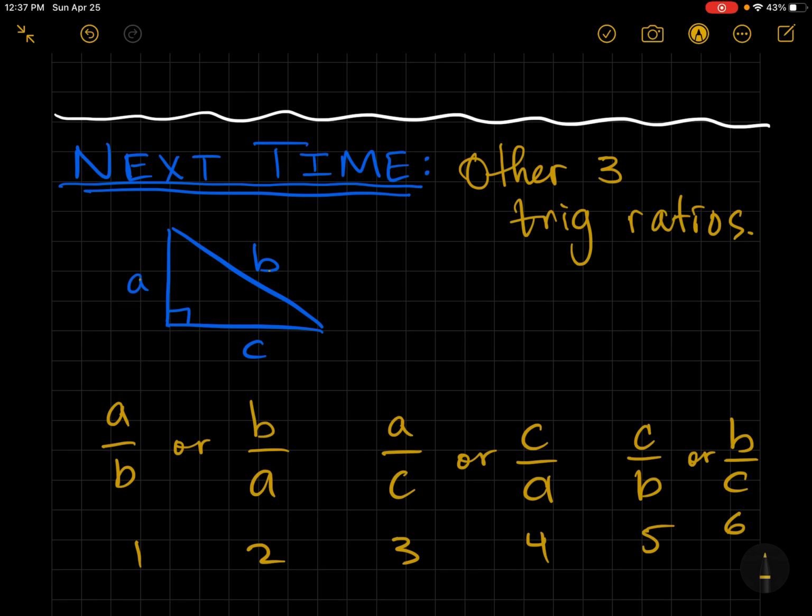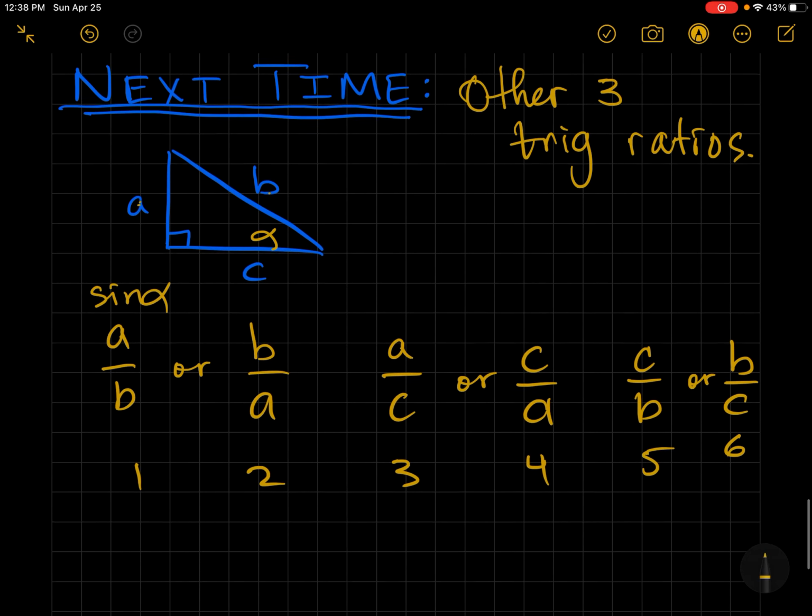Okay? A over B, we already know, depending on the angle, let's say it was here, that'd be opposite over hypotenuse. So this might be the sine. But now we're going to have some other trig ratios that you're going to learn in the next lesson.